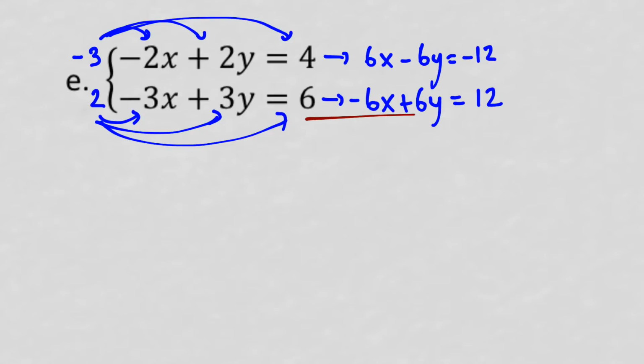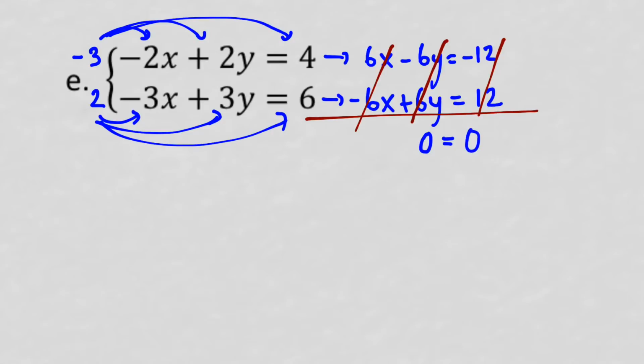And now when I combine these, 6x and negative 6x will cancel. But also 6y and negative 6y will cancel. So on the left side, I have nothing left, just a 0. On the right side, 12 and negative 12 also cancel. So on the right side, I also have 0.